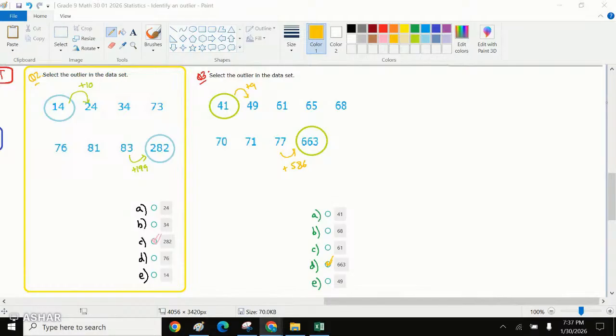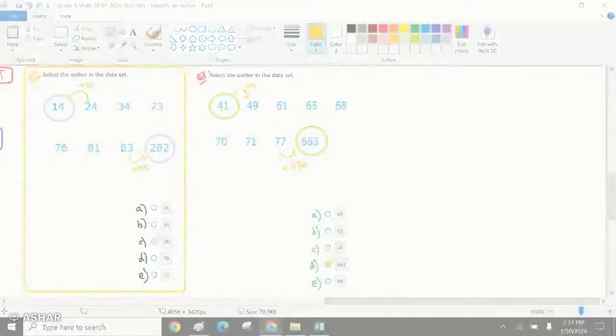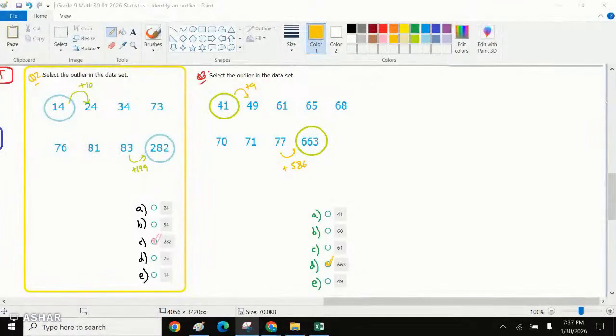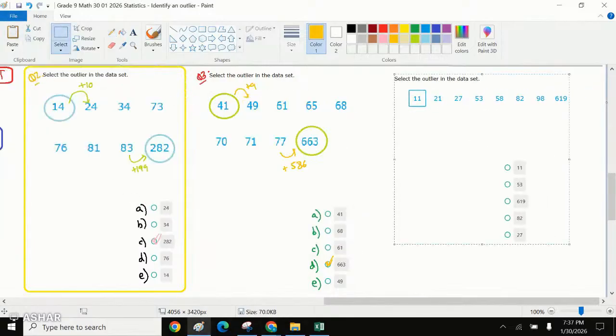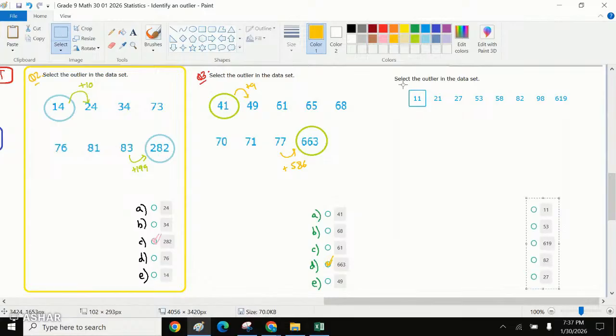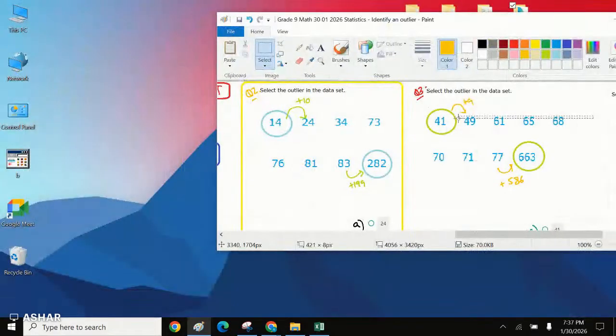Let's try another question, question number 4. In question number 4, they are asking us to find the outlier in this given data set. The options given to us are these, and these are the numbers that are given to us.